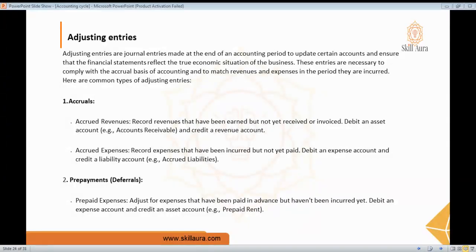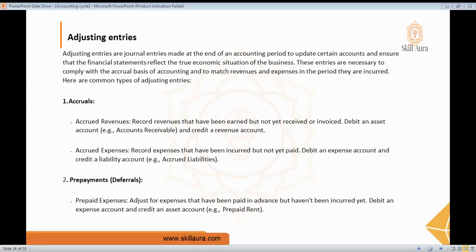And the second type of adjusting entry is prepayments, also called deferrals. When it comes to prepaid expenses, these are expenses that have been paid in advance but have not been incurred yet. For that, the expenses account will be debited and the asset account will be credited.